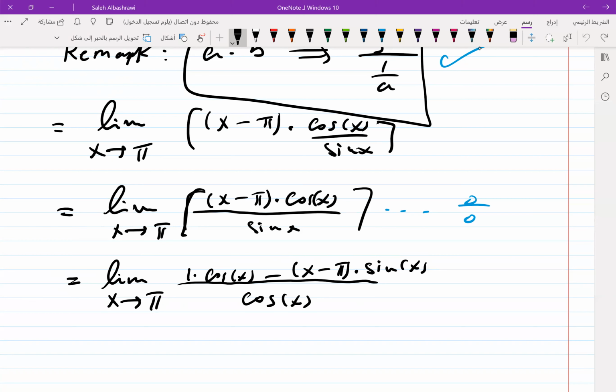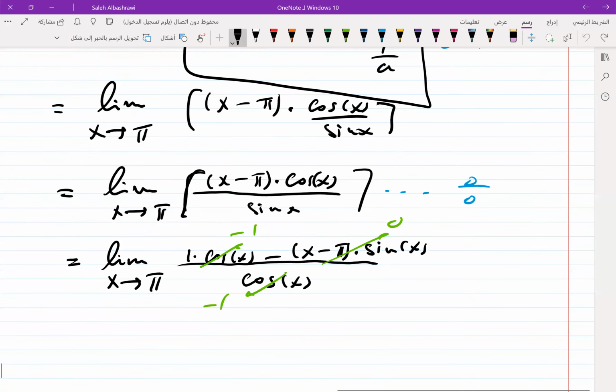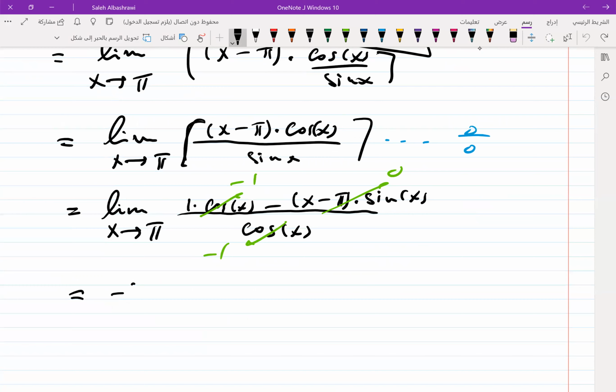Replace x by pi: this will be minus 1, this will be 0, and the bottom will be minus 1, so it is minus 1 divided by minus 1. So the limit is equal to 1. The limit for this problem is equal to 1.